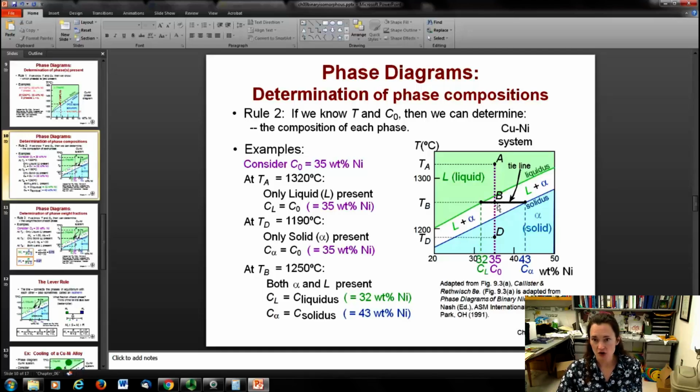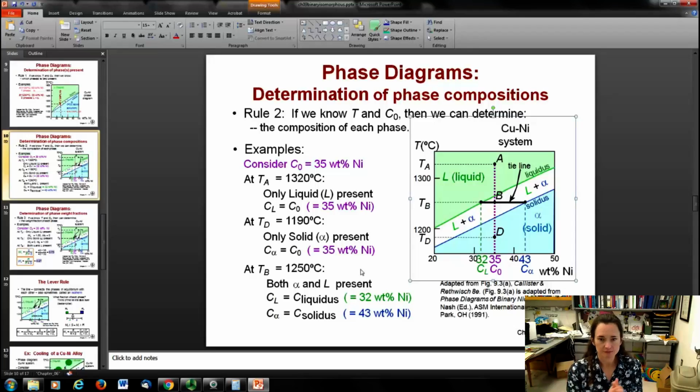Now, if I go across and look at the intersection of my tie line with my solidus line, then I can see that it intersects at a concentration of 43%, okay? What that means is that the alpha phase that's present there has a concentration of 43 weight percent nickel, okay?